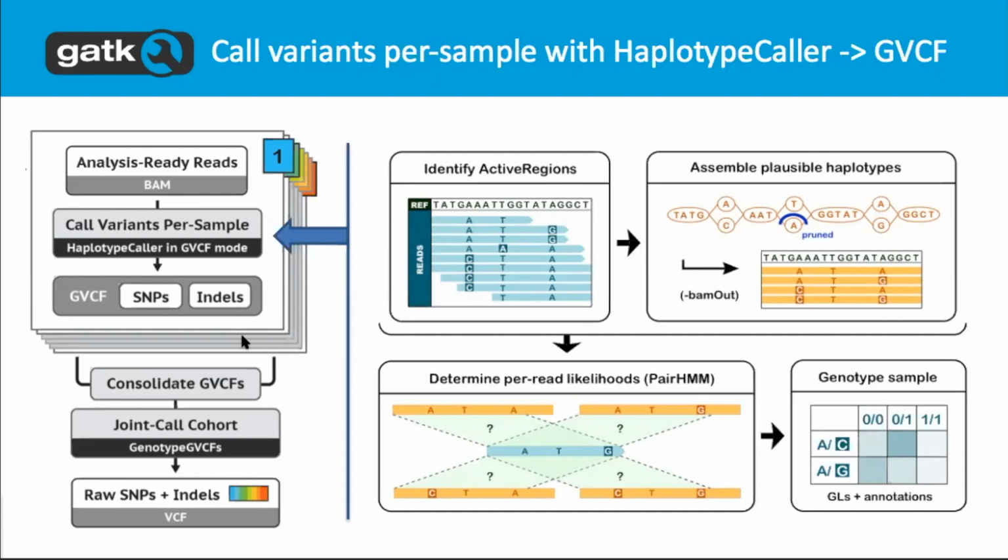Things like if you have one base out of a big, what we call a pileup, when you have a lot of reads piled up in a particular region, there's one base that's different from the reference. It's very unlikely that this is real. This is most likely an artifact.